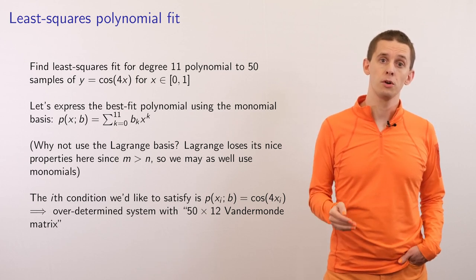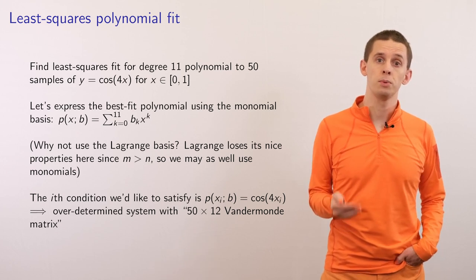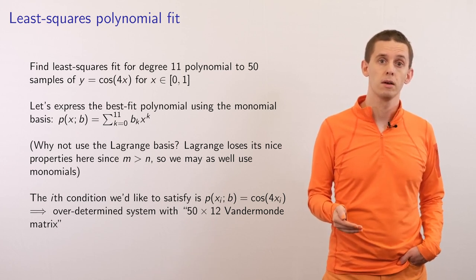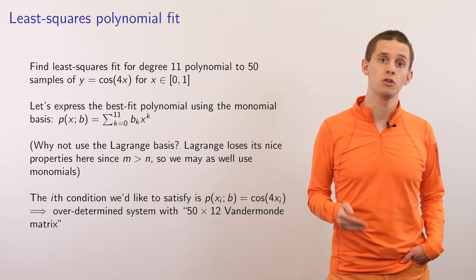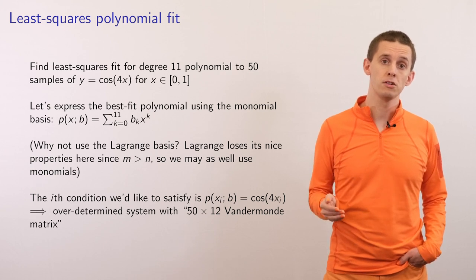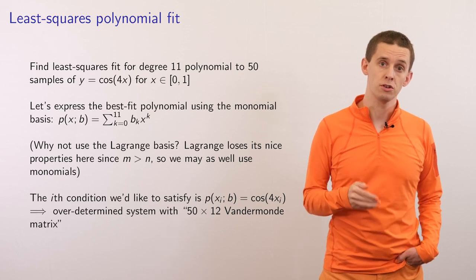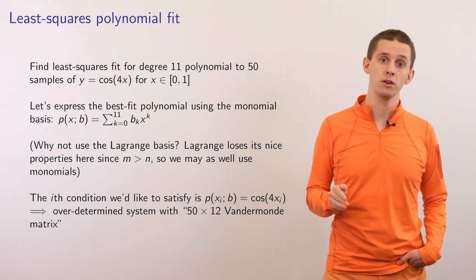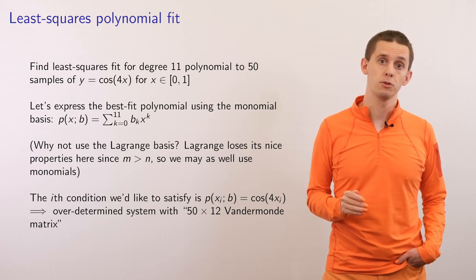We'll write our polynomial as the sum from k equals 0 up to 11 of b_k times x to the k. One thing you'll notice here is that we're expressing our polynomial in terms of the monomial basis. You might ask why we're doing this after we showed that using monomials was often a poor choice in other situations and led to poor conditioning problems.